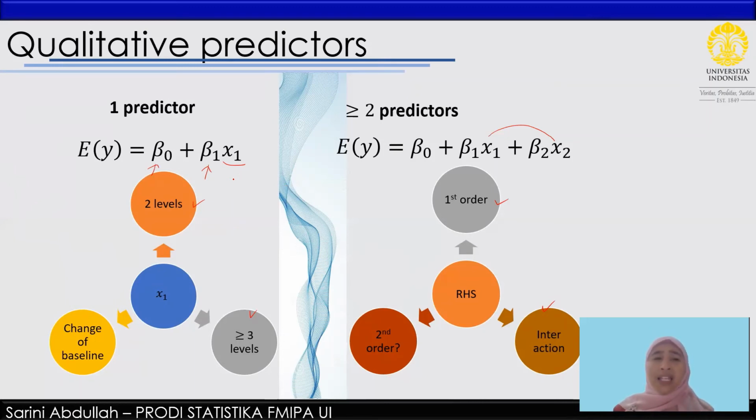And is there any concern about having higher order models for qualitative predictors? For example, does it make sense if I have a quadratic form in our model? That also should be thought of when we do modeling with qualitative predictors.